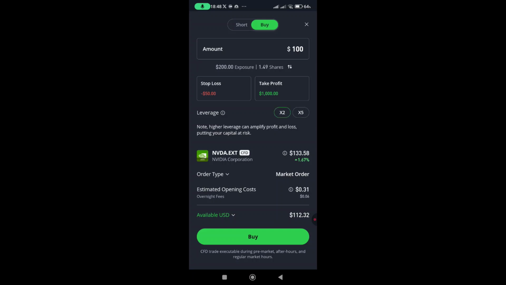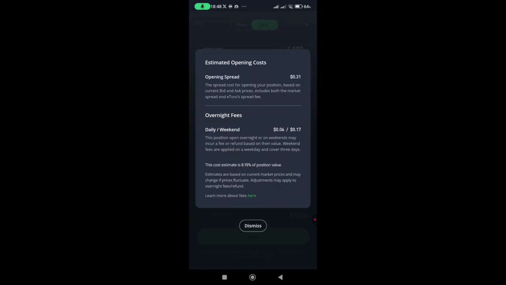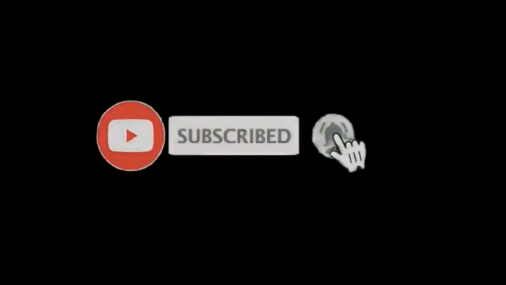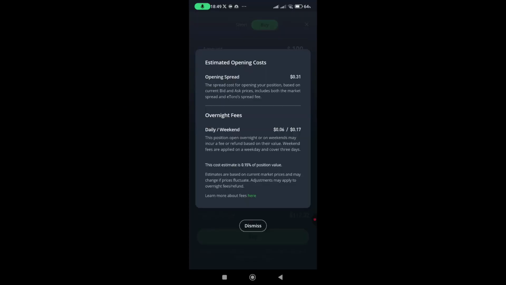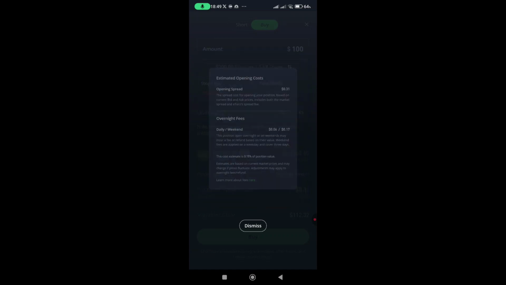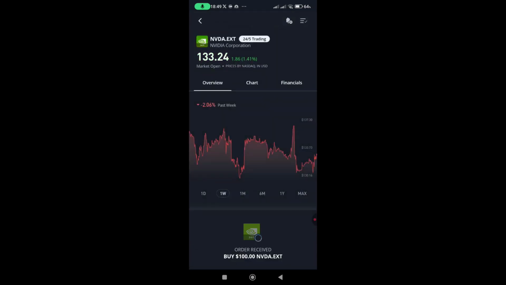So as you're seeing, the estimated opening cost here is 31 cents. There's also the weekend fees here, so things can notch up quite high. So you just hit the button and the trade is ultimately done.